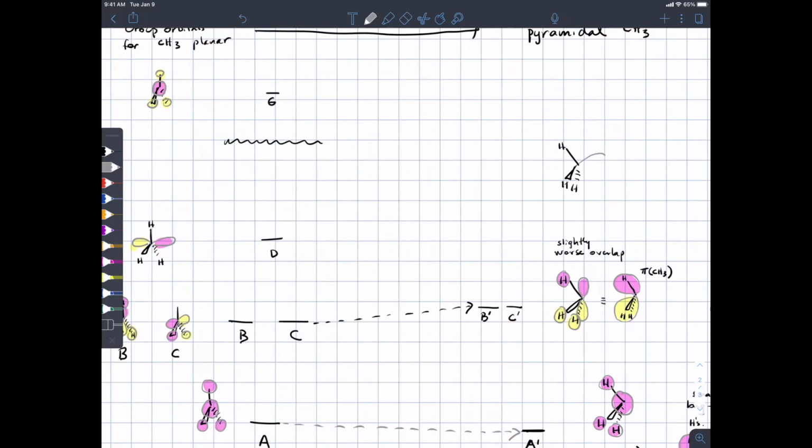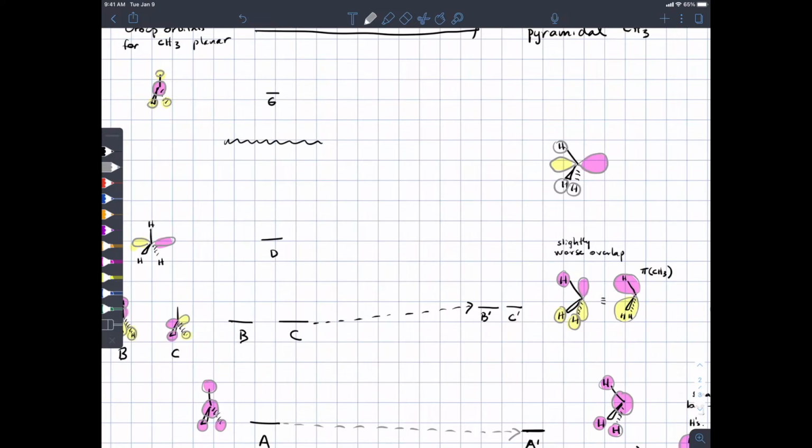But when we go pyramidal instead of planar, suddenly those hydrogens aren't in the node anymore. So now they can contribute and overlap with that part of the 2pz orbital.